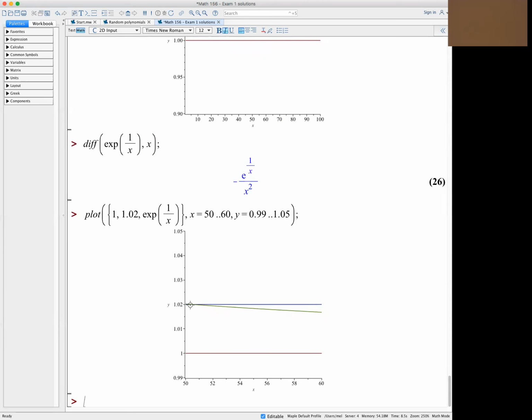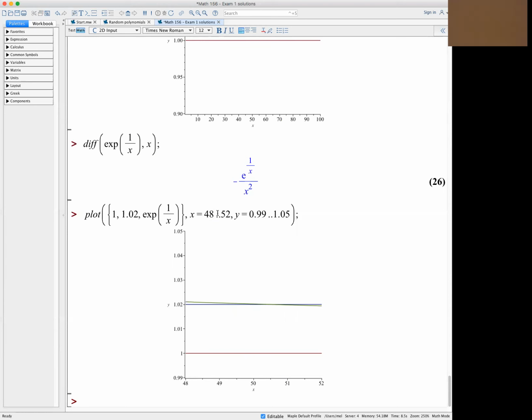So there's some point right around here where the green crosses the blue line. So maybe I'll go from 48 to 52. It's hard to see, but somewhere here, what do we want to find? The smallest positive integer n, the first integer for which this falls below the line.